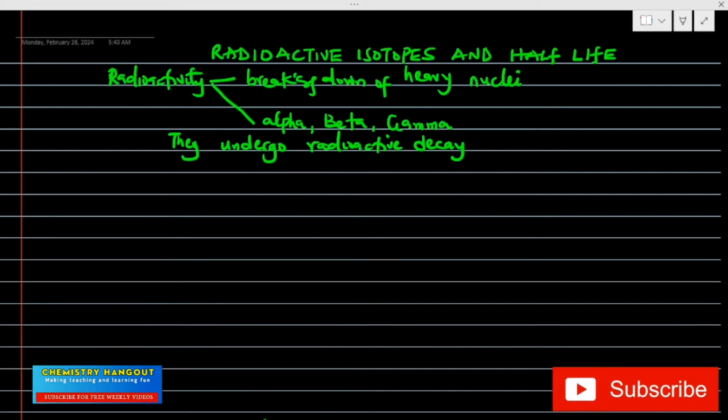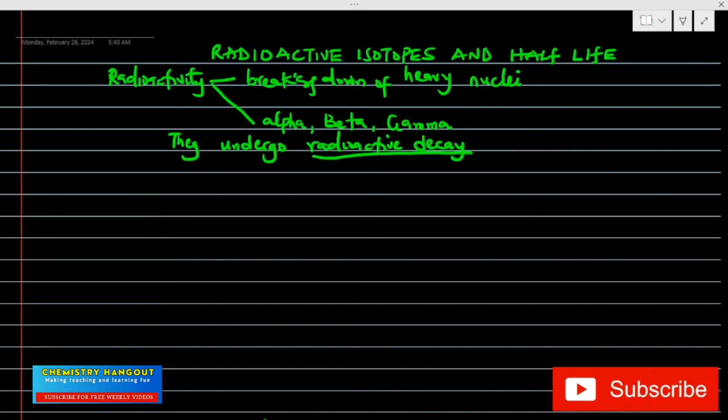So for the fact that these nuclei break down and they emit radiations to be stable, we said they undergo radioactive decay.